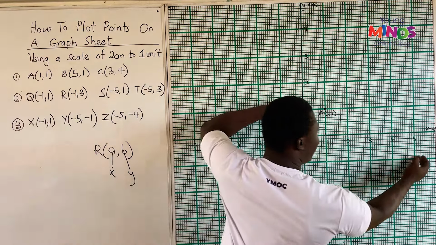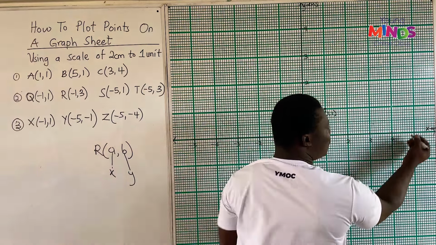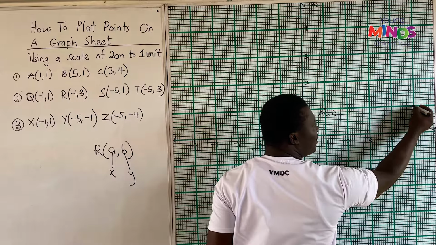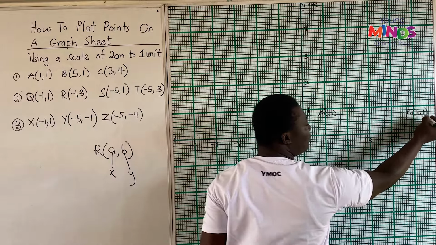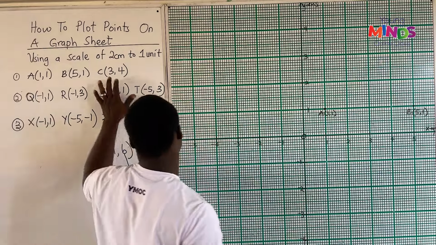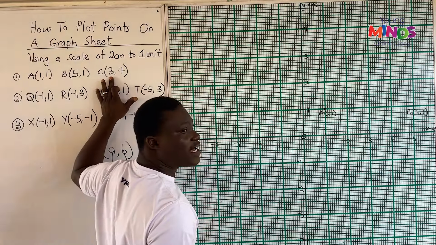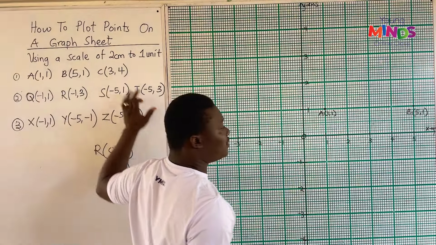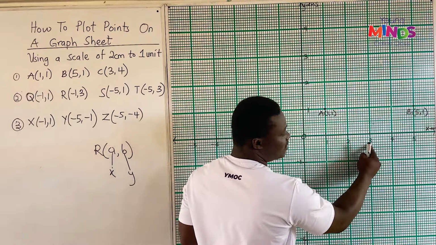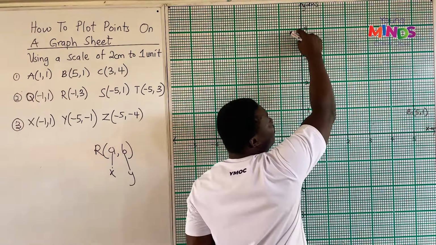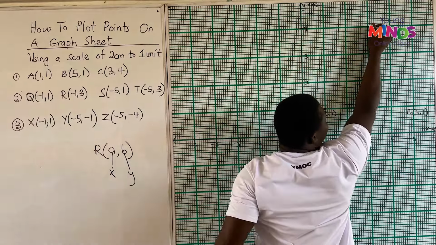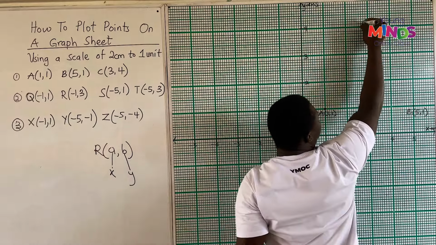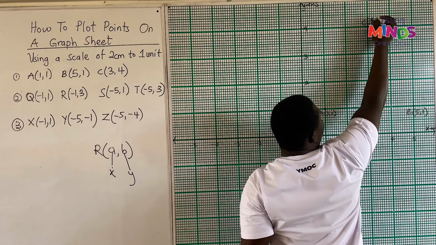Where the two lines meet, we'll put the point there and label it point B(5, 1). Point C(3, 4). 3 on the x-axis, 4 on the y-axis. Where the two lines meet, you put a point there and label the point C(3, 4).